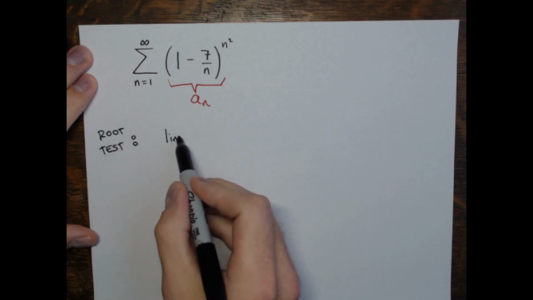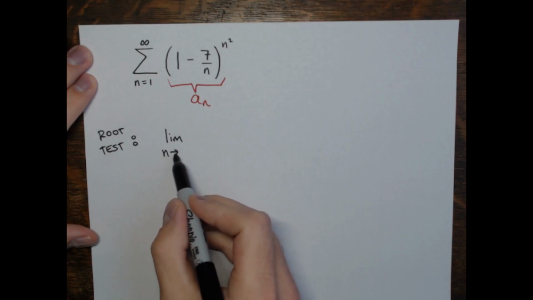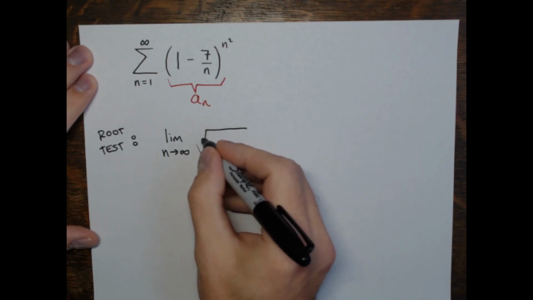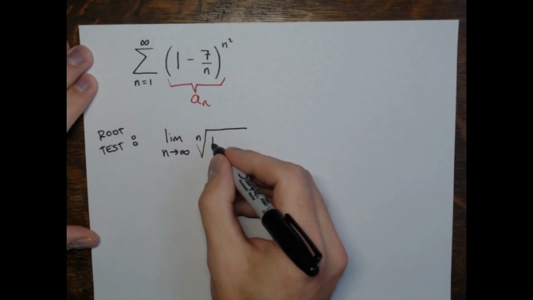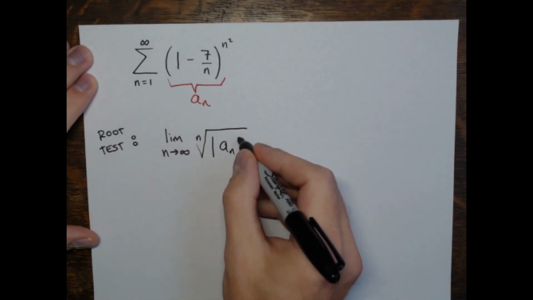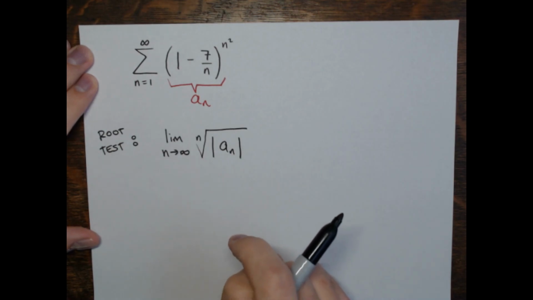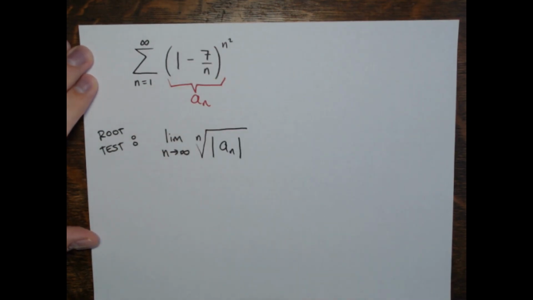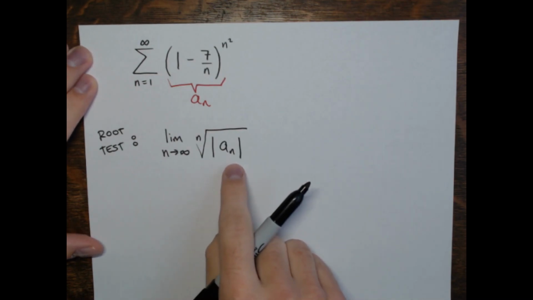So same as before. This is the limit as n approaches infinity. Now, remember the nth root of the absolute value of our terms, as some of these terms will be negative. So we need the absolute value here.